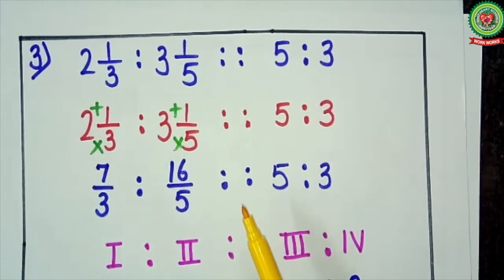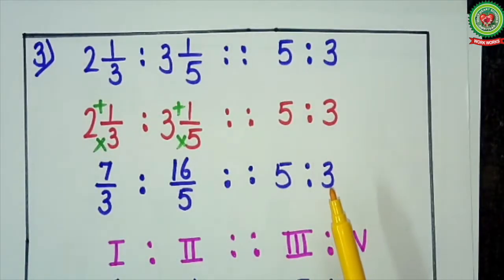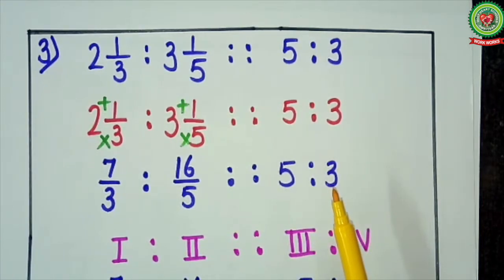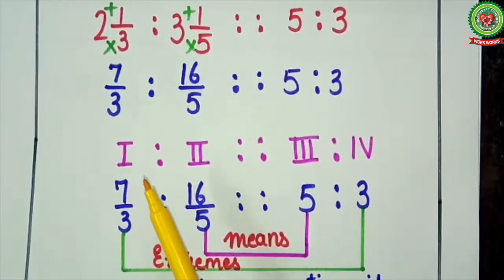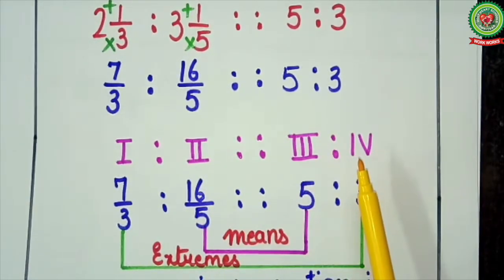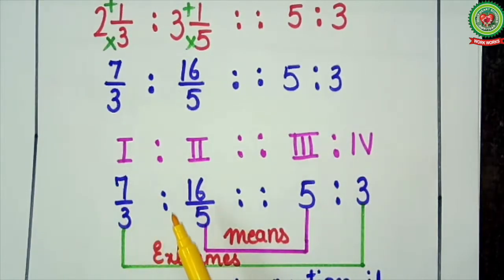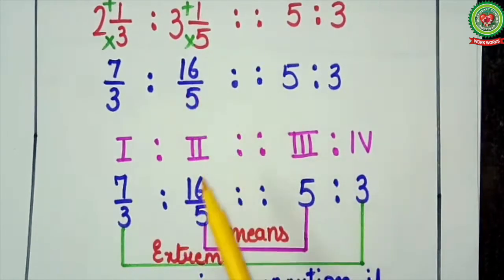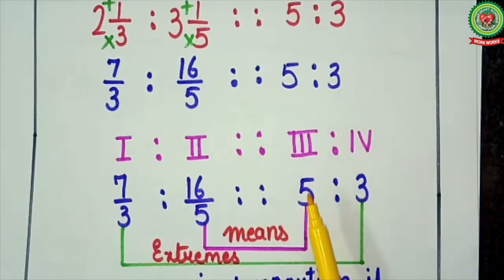Next it will come as 5 ratio 3. Now set the ratios according to their positions. So here it will come 1st ratio 2nd as 3rd ratio 4th. Put the values. 7 upon 3 ratio 16 upon 5 as 5 ratio 3.